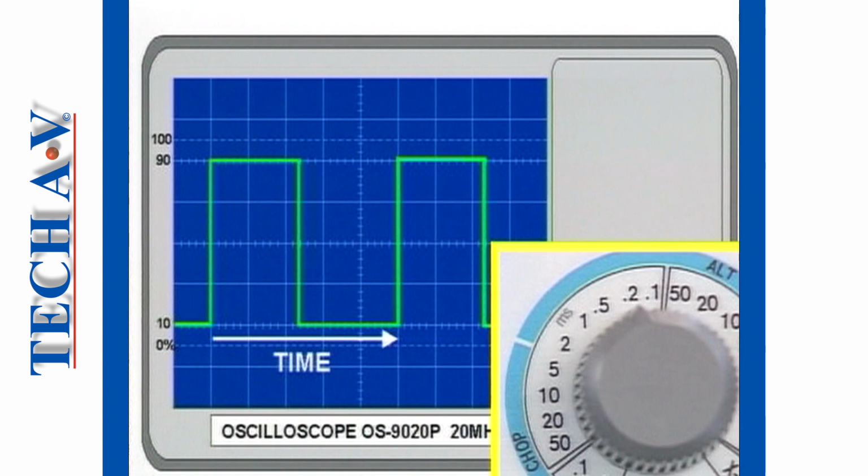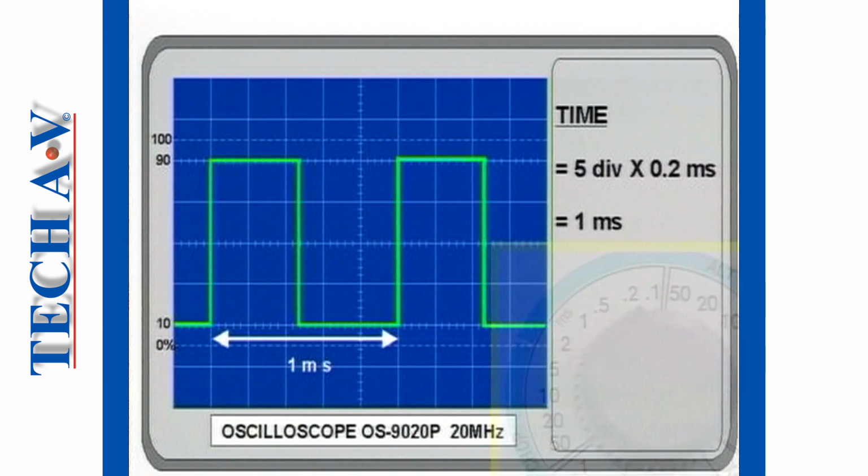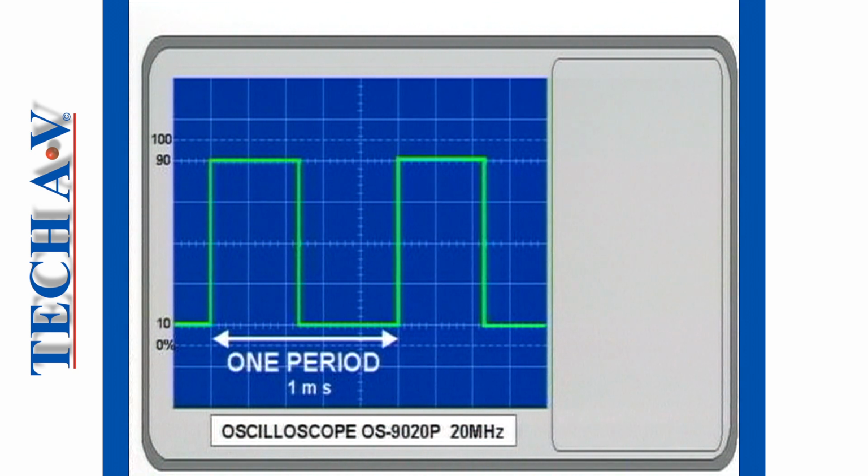Multiply the number of divisions by the setting on the time per division control. The calculation is 5 divisions times 0.2 milliseconds per division, which equals 1 millisecond. Therefore, the period of this square wave is 1 millisecond, which means that the time taken to complete one full cycle of the waveform is 1 millisecond.